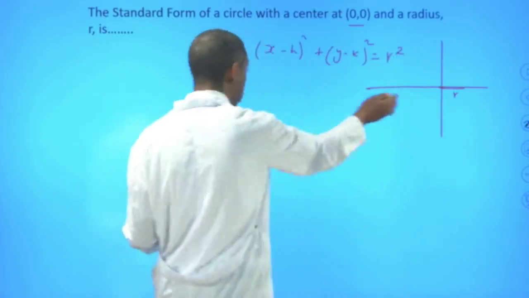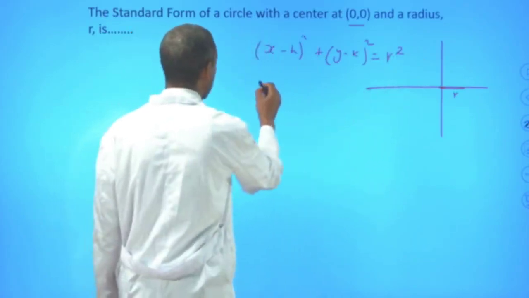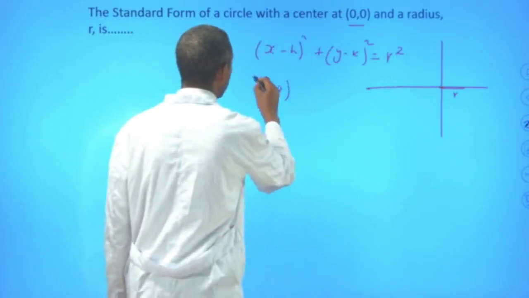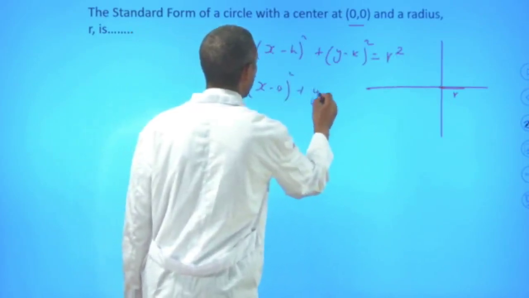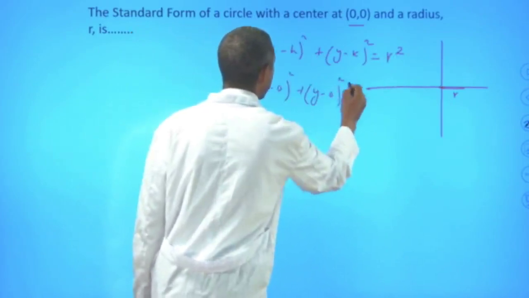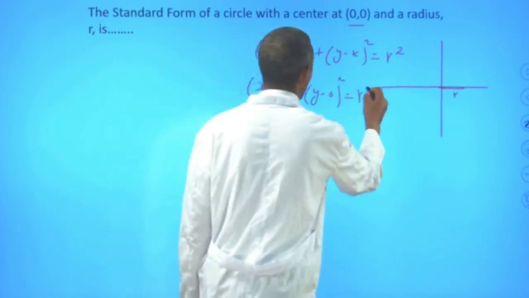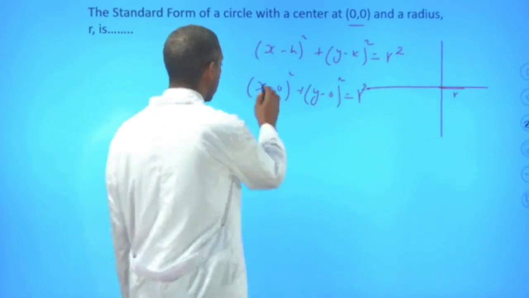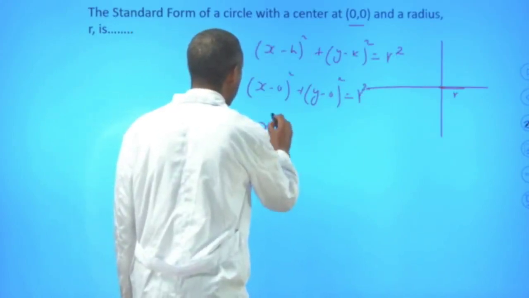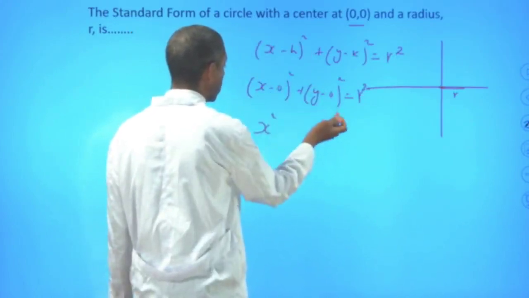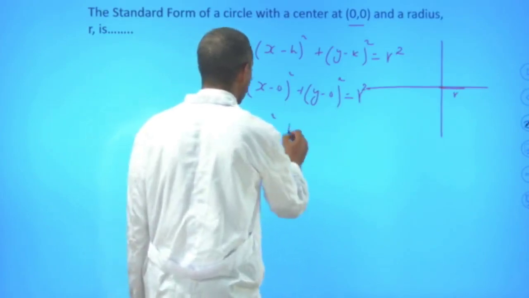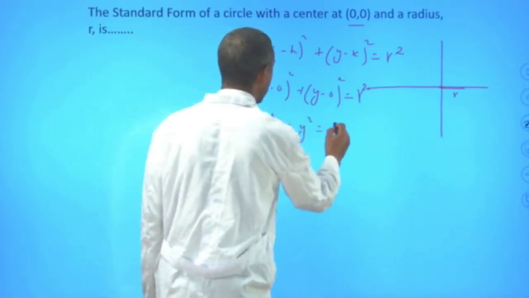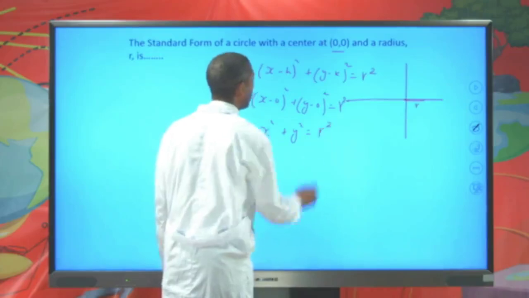So we have the center, which is (0, 0). Then we have (x minus 0) squared plus (y minus 0) squared is equal to r squared, where r is an element of the real numbers. So here it's going to be x squared. x minus 0 is just x, so we're left with x squared plus y squared is equal to r squared.